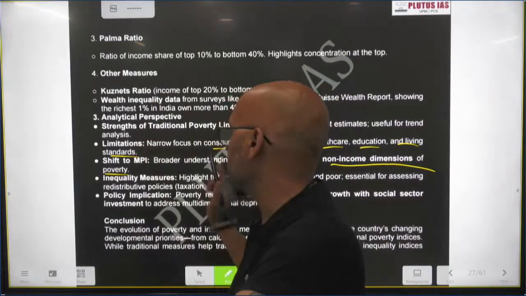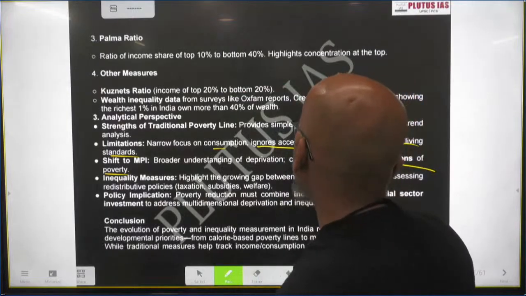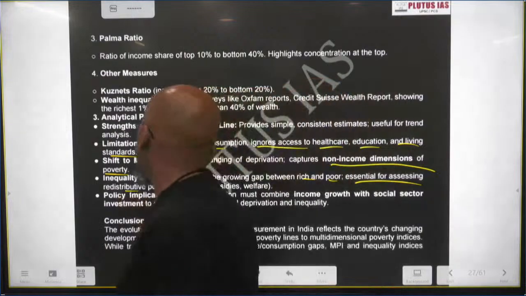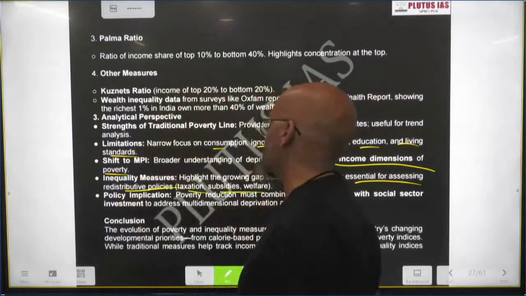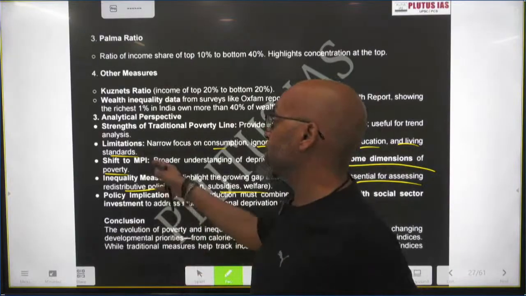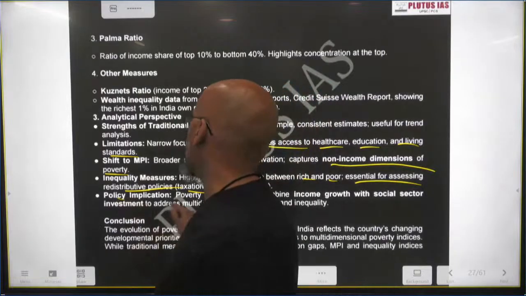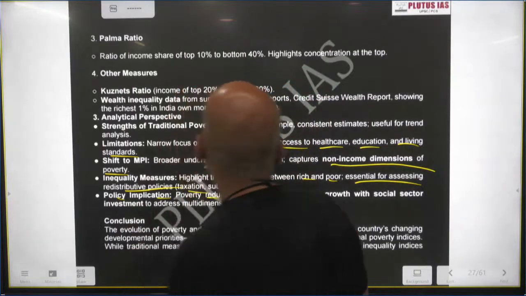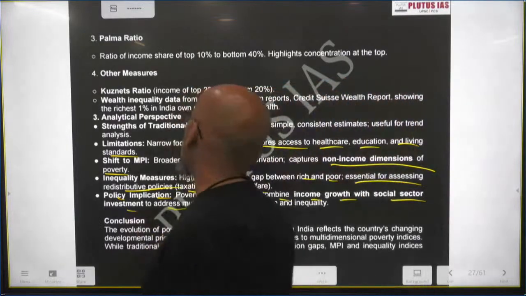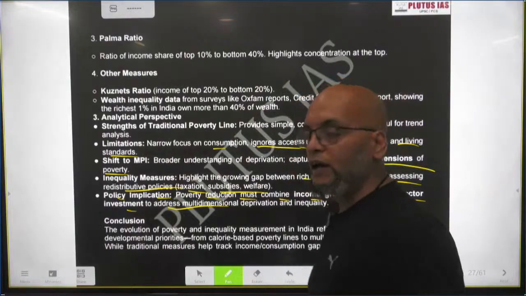Inequality measures highlight the growing gap between rich and poor, essential for assessing redistributive policy like taxation and subsidies. So when the government has to make policies on how to redistribute, these parameters play a crucial role. Policy implication: poverty reduction must combine income growth with social sector investment to address multi-dimensional deprivation and inequality.